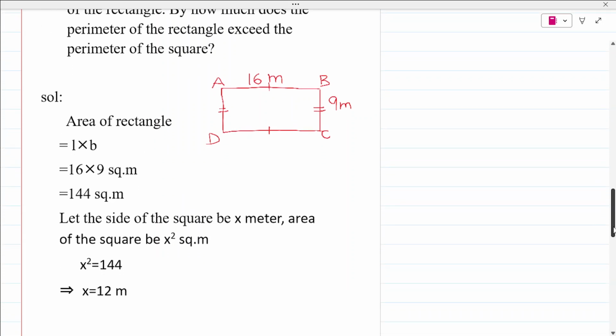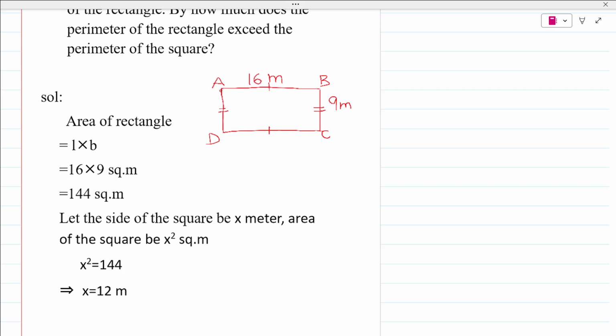Here I have drawn a rectangle ABCD, which is visible on the screen. Let the length AB be 16 meter and the side BC be 9 meter.